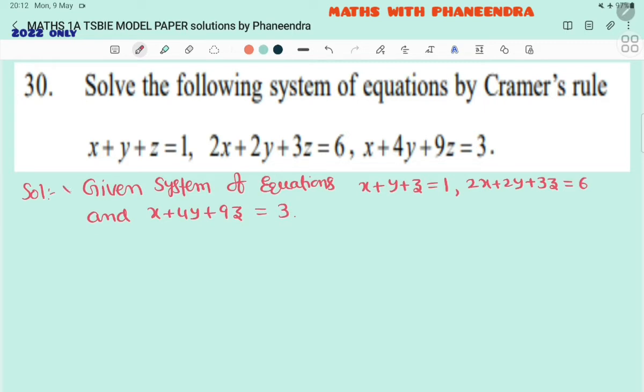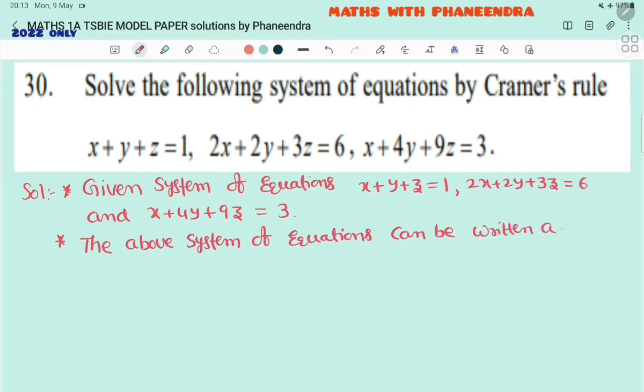The above system of linear equations, or system of equations simply, can be written as ax is equal to d, where a is equal to coefficient matrix.